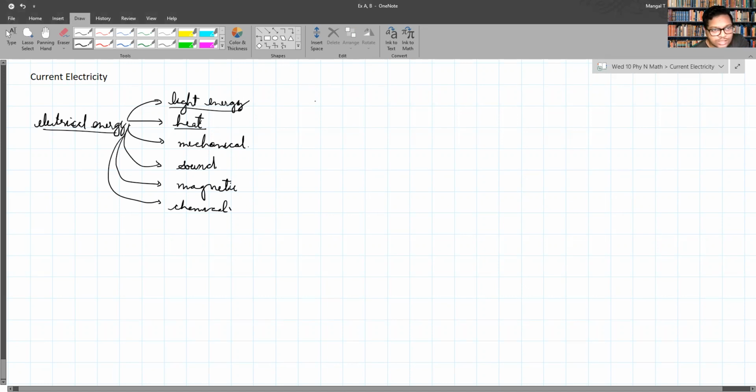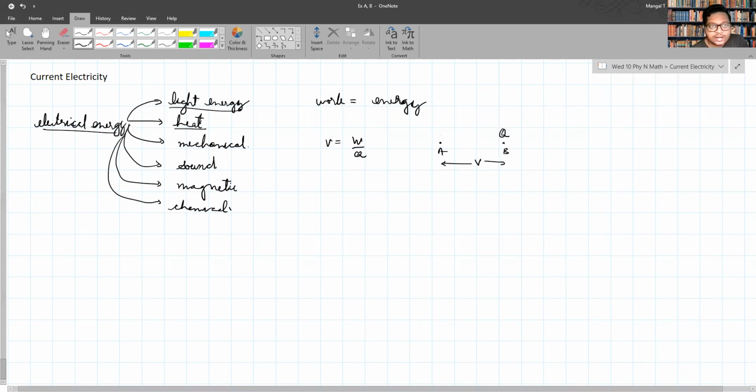Now, when you talk about energy, we always say that the work done gets converted in the form of energy. And we have seen the definition of potential. So V is equal to W by Q. So if there are 2 points A and B, and they have a potential difference of V, and you are taking a charge Q from point B to A, then the work done by you is W. All these three are related by this formula.